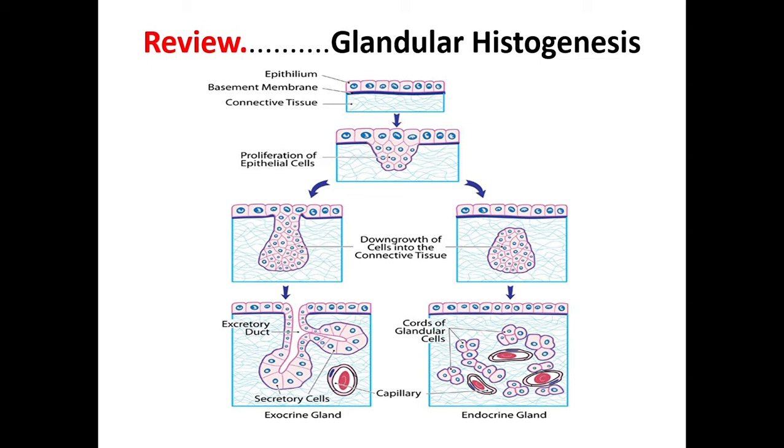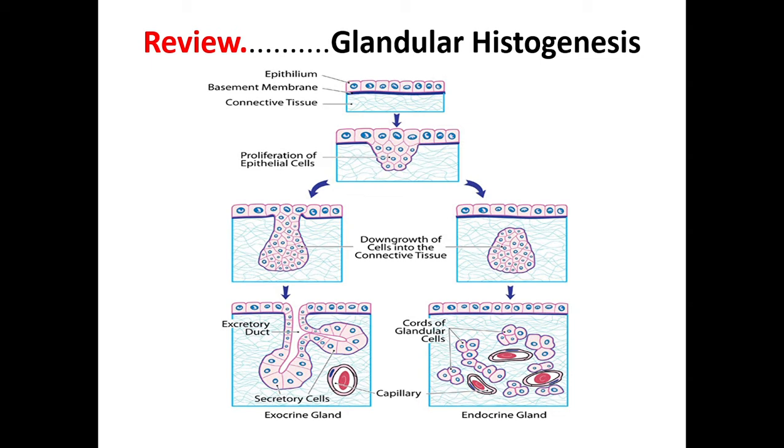Since we have 2 types of glands in the body, there will be 2 processes that will be involved. For exocrine gland, the cells that have undergone proliferation will start to form a gland inward. So there is an attachment from the surface cells to the gland, and this attachment will now be formed into excretory duct, and some of the cells will form now the secretory cells of the gland.